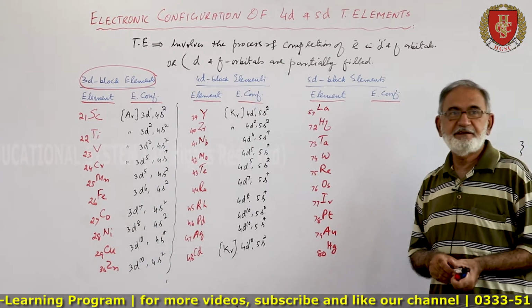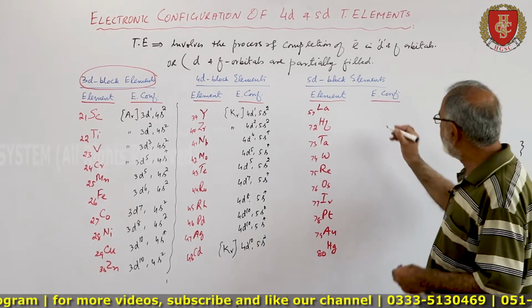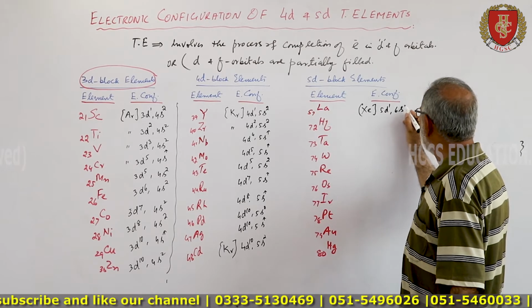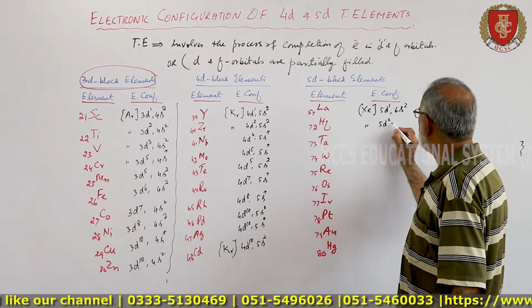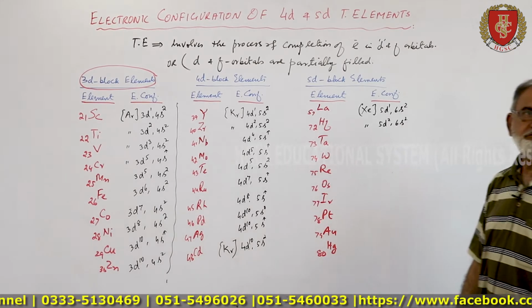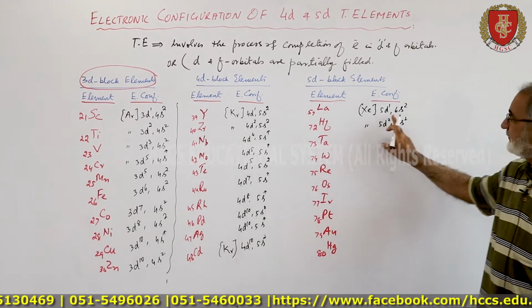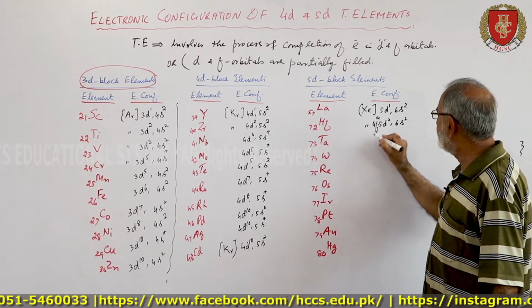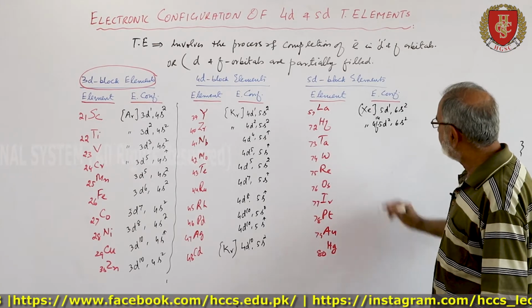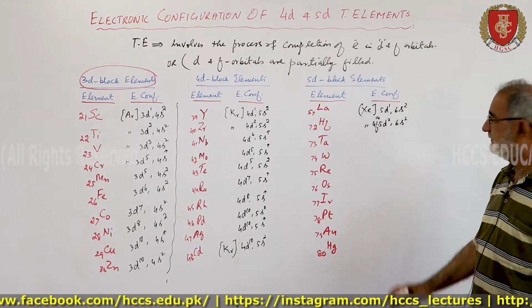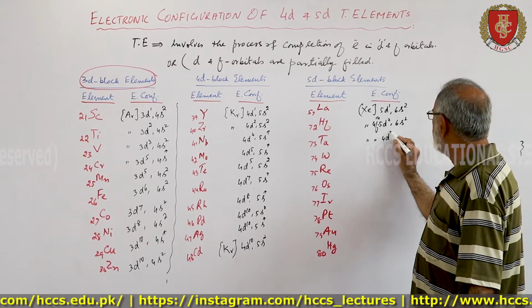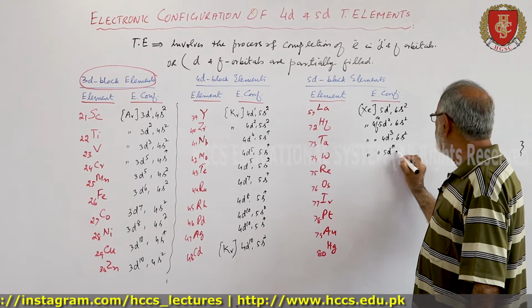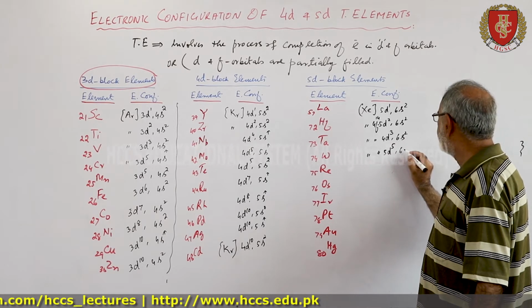Now similarly we can write the electronic configuration here as well, that is xenon 5d1 6s2, 5d2 6s2, 5d1 6s2, and here if you have the f orbital as well, you can also write here 4d3 6s2, 5d5 6s1.